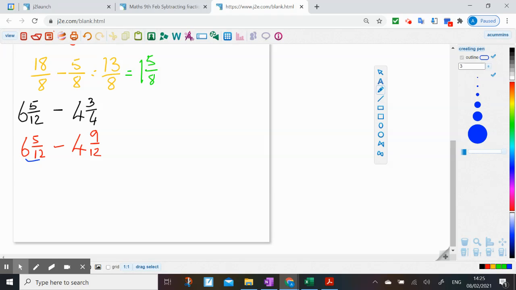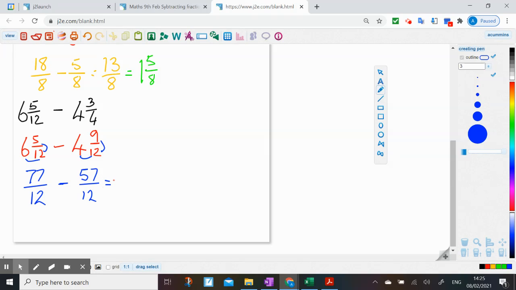So 6 times 12 is 72, plus the 5 is 77 twelfths. Subtract. 4 times 12 is 48, plus 9. 48 plus 9 is 57 twelfths.